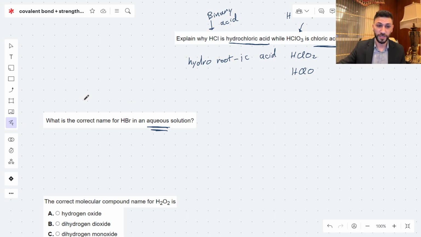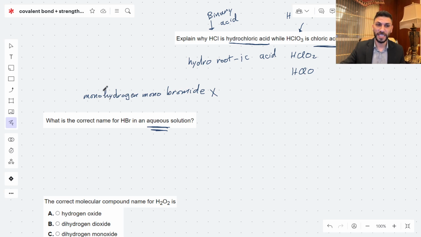So some of the students, when they make the mistake, they write mono hydrogen mono bromide, and this is incorrect. Incorrect for two reasons. This is not only a binary molecule, it's a binary acid.